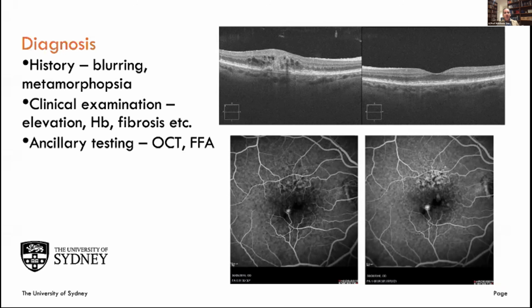On clinical examination, we may note some of the findings that I previously ran through. These days, an imaging modality called optical coherence tomography is an important means of assessing the macula, and we do this routinely on many patients with retinal disease. I've got some pictures of OCTs from a patient's right and left eyes with AMD at the top here.